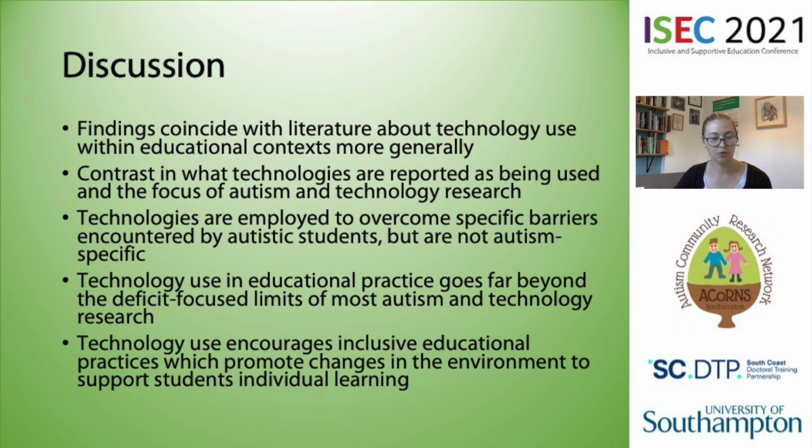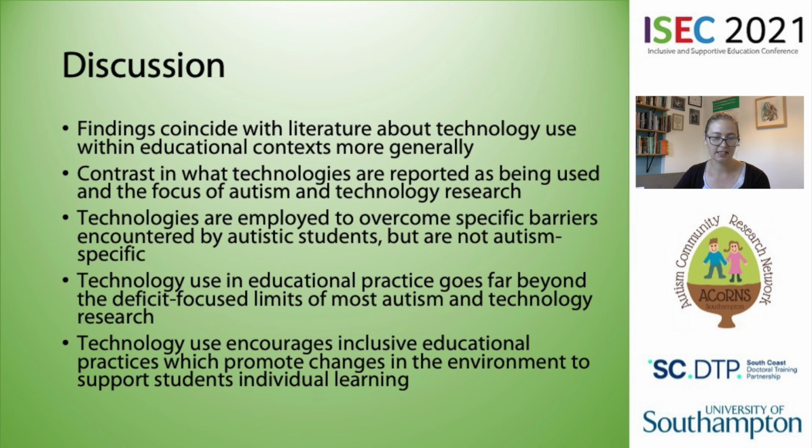Though technologies were reported as being employed to overcome specific struggles and challenges facing autistic students, the focus in these cases seemed to be on changing the environment to enable students to access learning, rather than changing the students themselves or their behaviour.